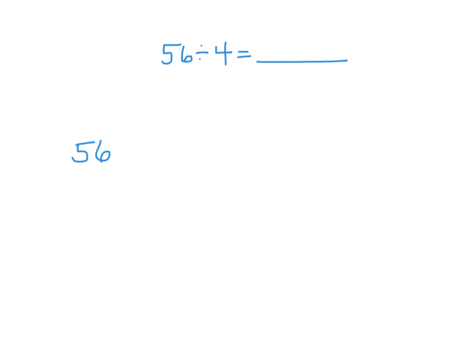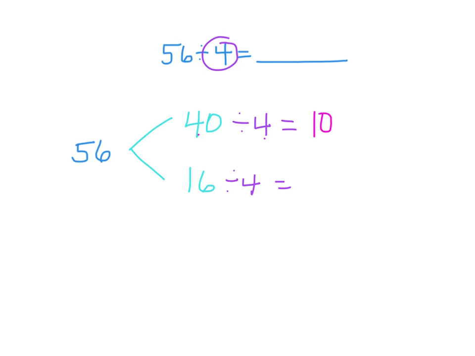Showing it a different way, if I break 56 down into 40 plus 16, then I distribute the divided by 4. 40 divided by 4 is 10, because 10 times 4 is 40. 16 divided by 4 is 4, because 4 times 4 is 16.